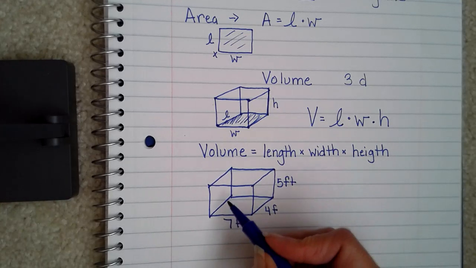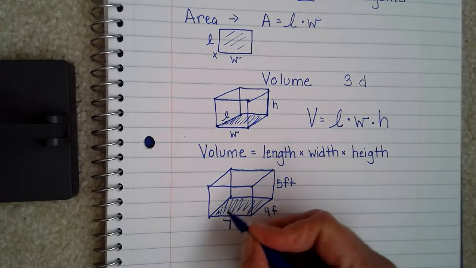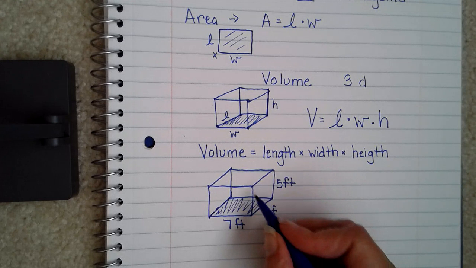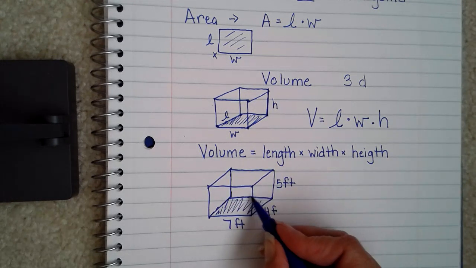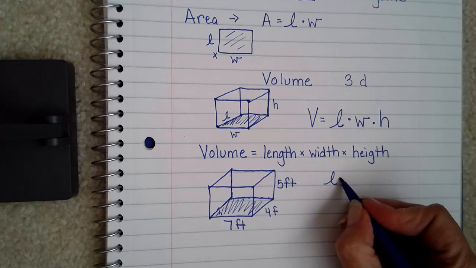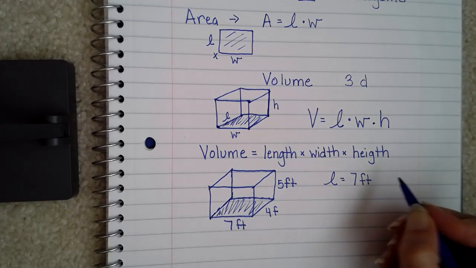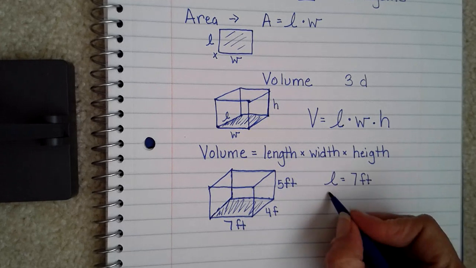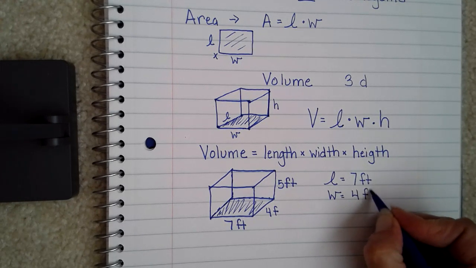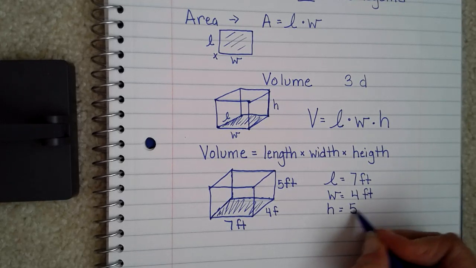Okay, so again, if we want to make this the bottom part, this is kind of the background part that we wouldn't be able to see back in here. Okay, so we know the length equals 7 feet. The width equals 4 feet. And the height equals 5 feet.